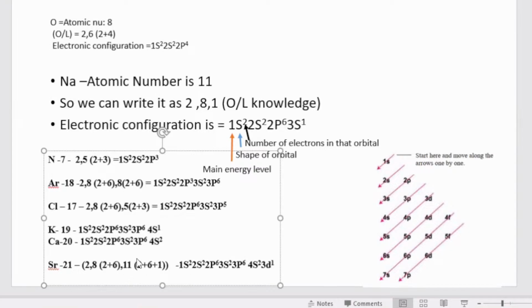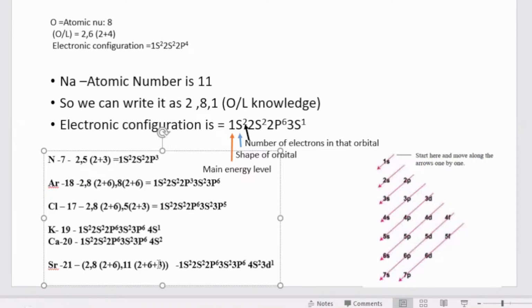Okay, for the third energy level, there are 11 electrons now. Up to this, 1s2, 2s2. First 1s will be filled, then 2s, then 2p, then 3s has 2, then again 3p. After 3p, then here is 3.